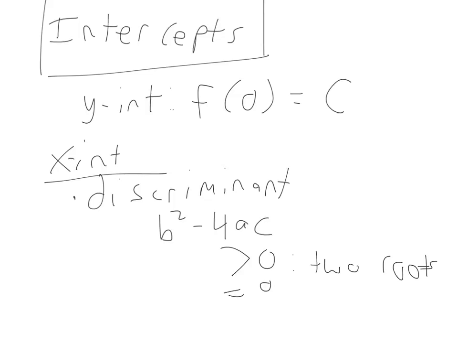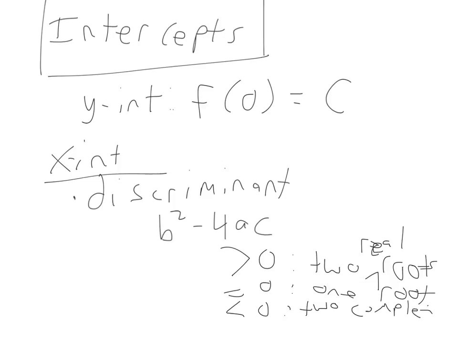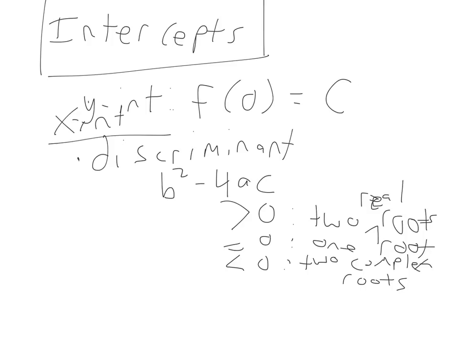If it's equal to 0, you have 1 root. But if it's less than 0, you would have 2 complex roots. By complex, I mean they would contain imaginary numbers. They would contain the i, if you will.